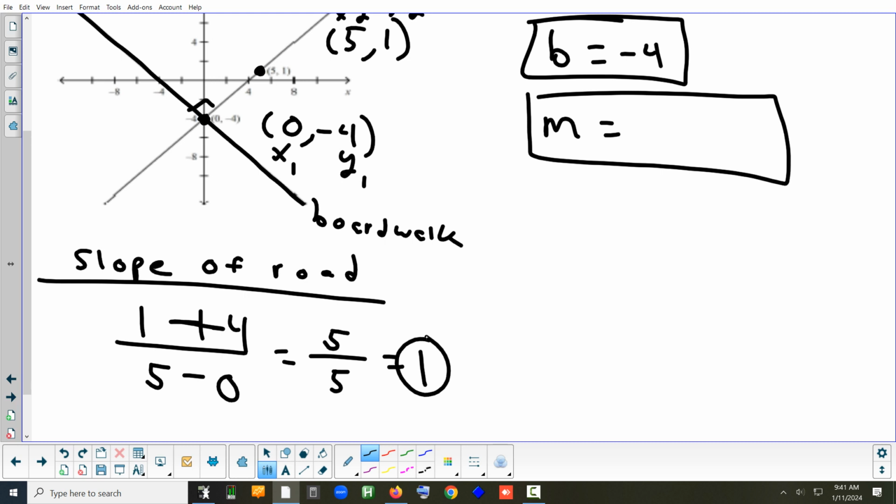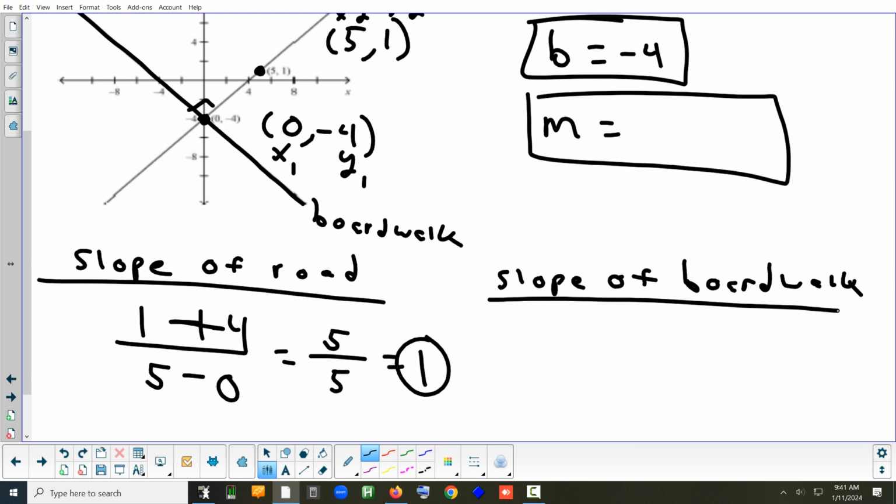You'd have to do 2 things to it. So the slope of the boardwalk is going to be the opposite reciprocal of that number. What's the opposite? -1.